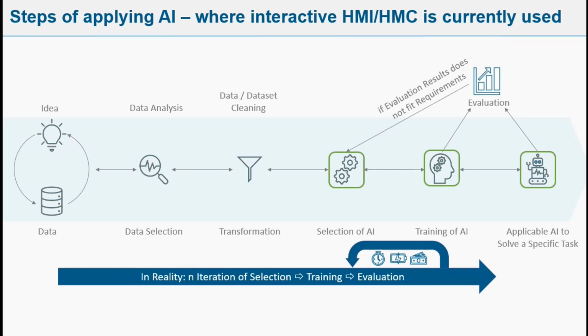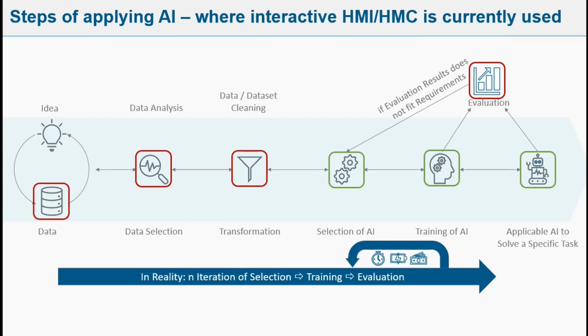I forgot to, they will be important later on. So usually you do have a human-machine interface for selecting the data, for the data analysis, for the data set cleaning, as well as a human-machine interface for the evaluation.